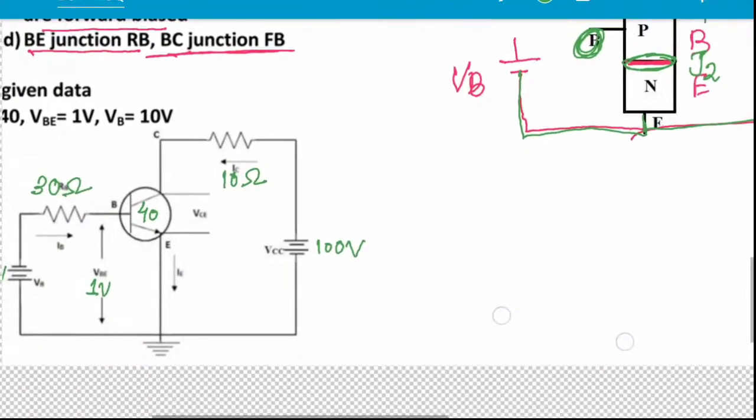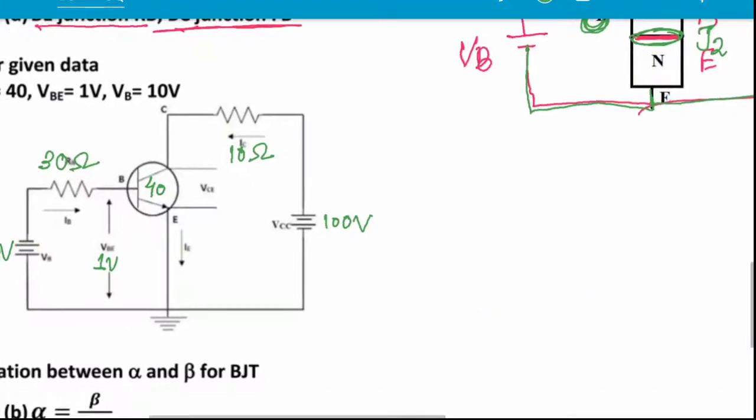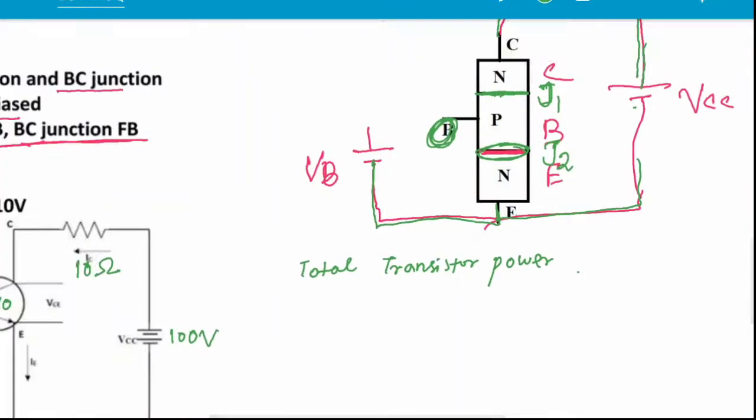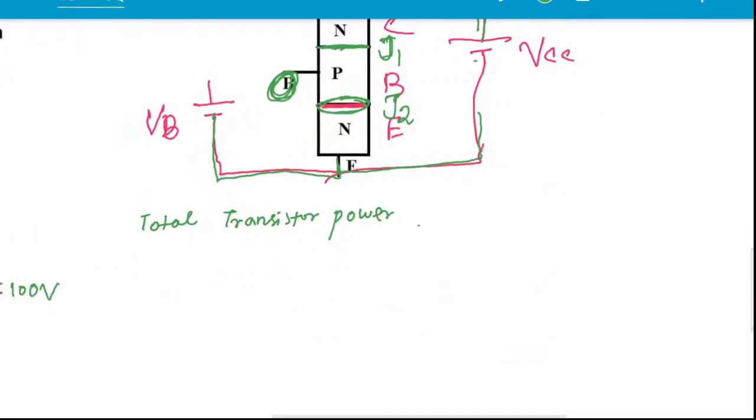How can power be calculated? Here I am writing, power can be calculated as total transistor power due to junction temperature.